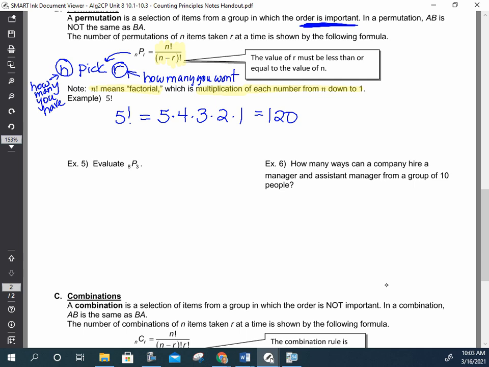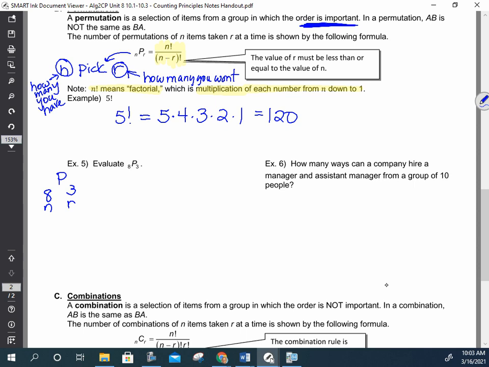So let's do an example using the formula, and then we'll do an example of a word problem that goes with this. So 8 pick 3. 8 P 3 means that 8 is the n value, 3 is the r value. It always goes in that order, so you don't have to worry about the order changing.